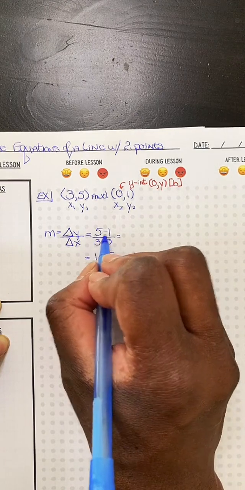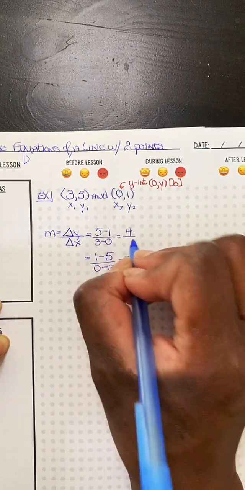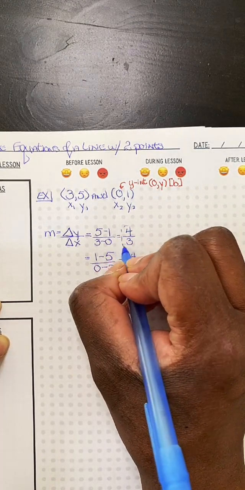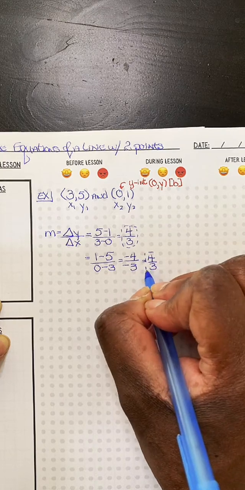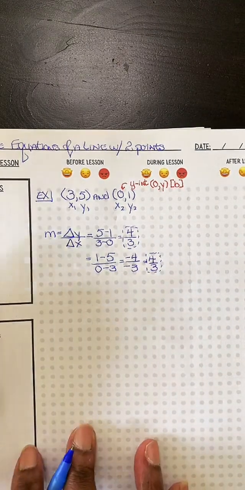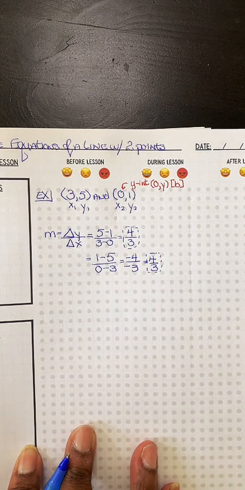Just like if I did 5 minus 1, that gives me 4, and 3 minus 0 gives me 3. Notice I get the exact same answer for slope. It doesn't matter, you're going to get the same answer. So it is 4/3.